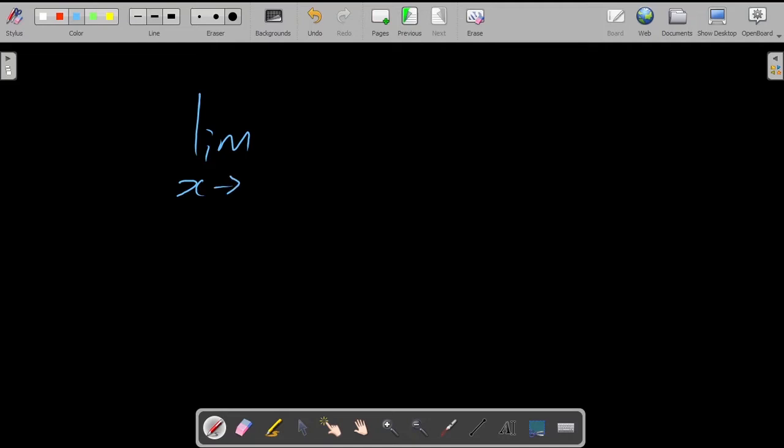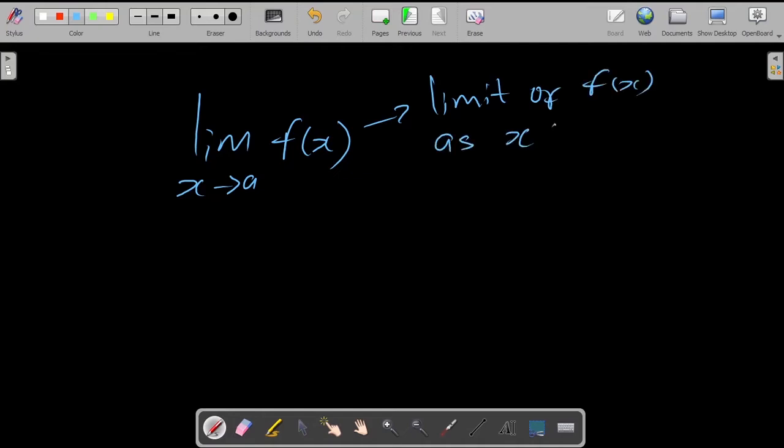So now let's say that we have this. You read this as the limit of f of x as x tends to a. And a can be anything, it can be infinity, it can be 0, and we can talk about it coming from the left or from the right.